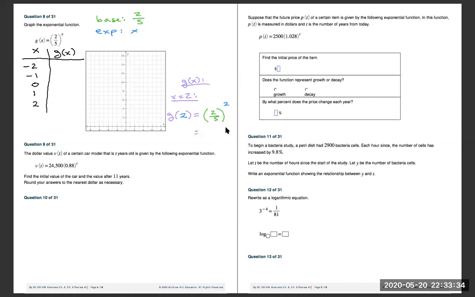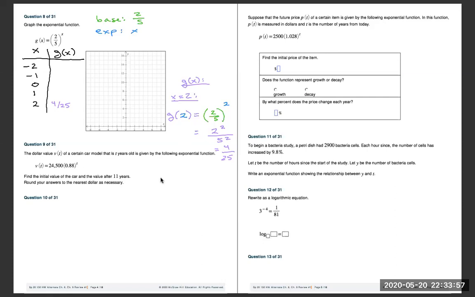Okay. That's going to be 2 squared over 5 squared, which is 4 over 25. Okay. Don't worry about the graphing of that yet. Just fill out your points first.